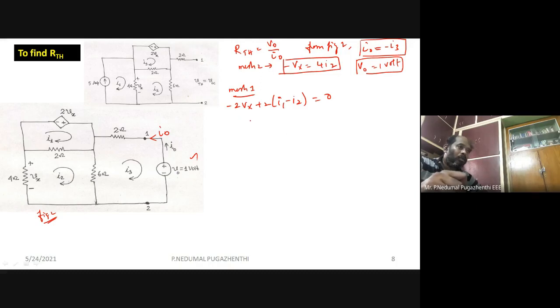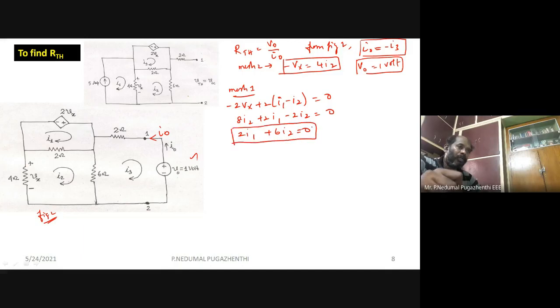Minus Vx is equal to 4 into I2, so I can replace minus Vx with 4 I2. I will get 8 I2 plus 2 I1 minus 2 I2 is equal to 0. So the equation is 2 I1 plus 6 I2 is equal to 0.